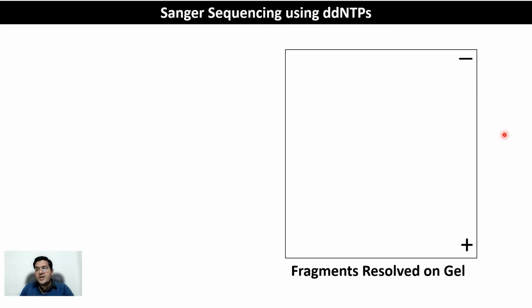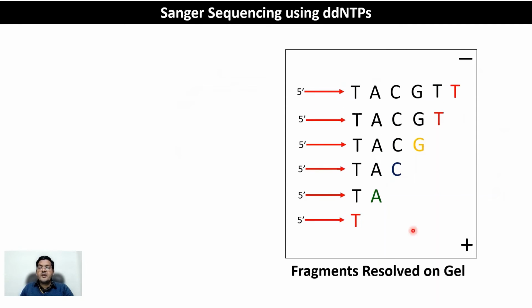So when you separate out this collection of fragments that you obtain using DNA polymerase and ddNTPs and dNTPs, they would separate out on the gel in this manner here. So you have the shortest fragment coming up the fastest towards the plus end, while the largest fragments would basically be at the top.